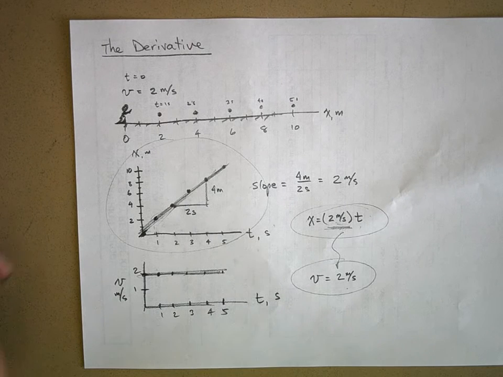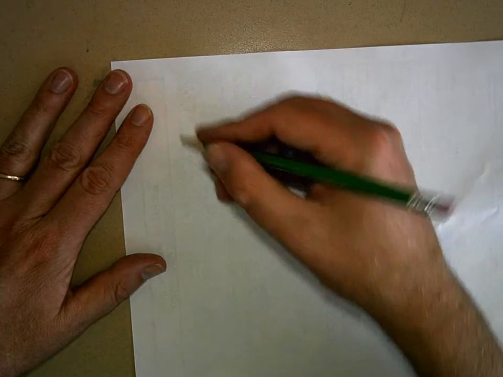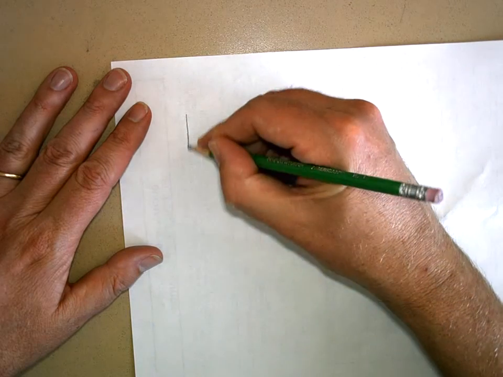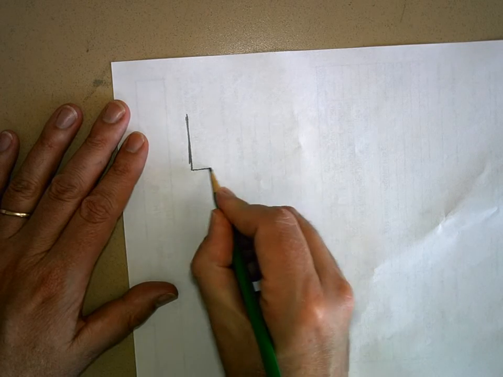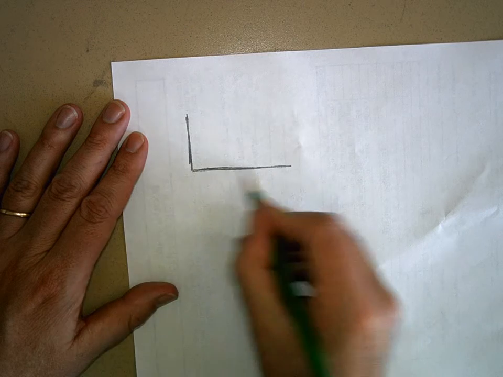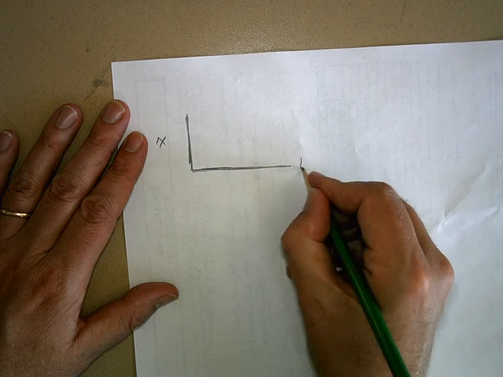Now, you can extend this to a more complicated kind of situation. What if my position as a function of time graph looked like this? And now, just to make things go a little faster, I'm not going to put numbers on it, because it takes too much time. Let's say here's my position as a function of time.